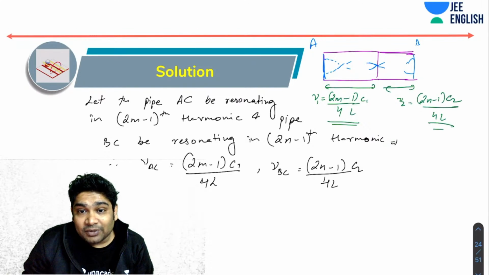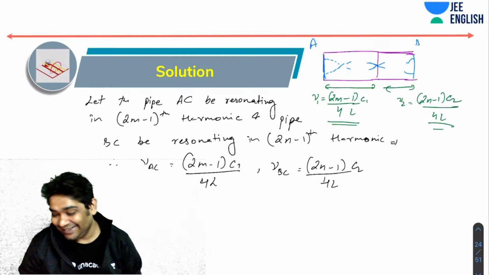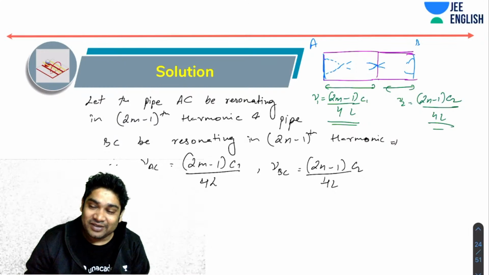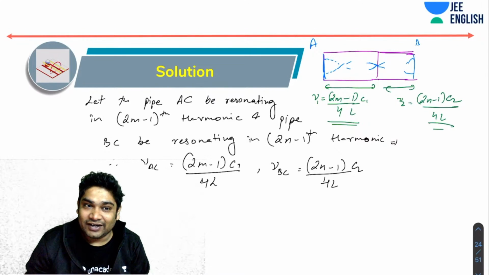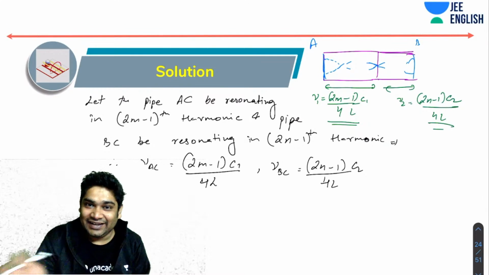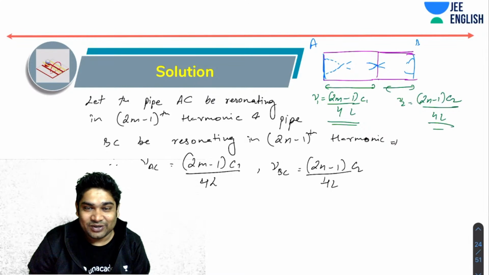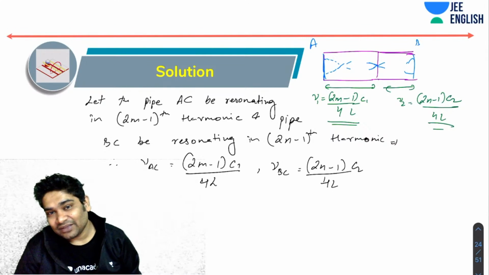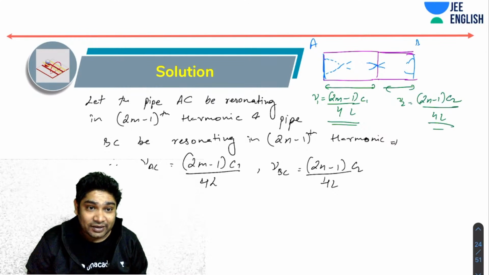What are scoring chapters in physics in JEE? I think all of them. I personally think all of them, Vinay, because when I would pick up physics as a student, I would aim for at least 90 to 95%, somewhere between 90 and 100%. Physics is one subject where you can be confident about scoring.